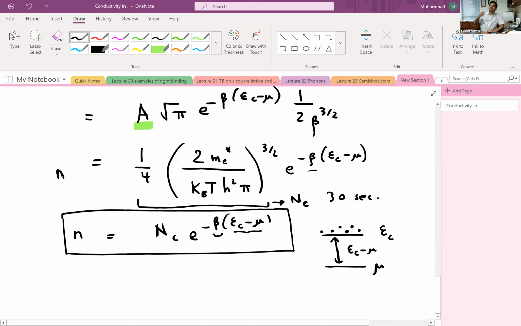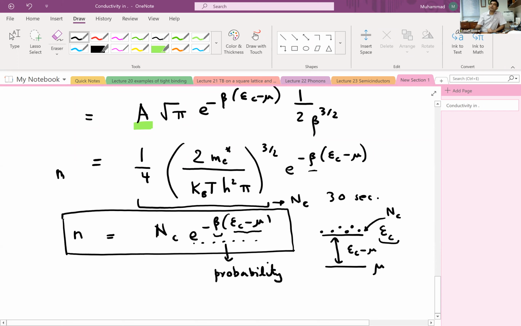So electrons are getting into the EC level. The effective density of electrons in the EC level is Nc, and the probability that the electrons can jump into this Nc level is given by this exponential factor e to the minus beta EC minus mu. Whenever we have an exponential factor, it represents some kind of probability.